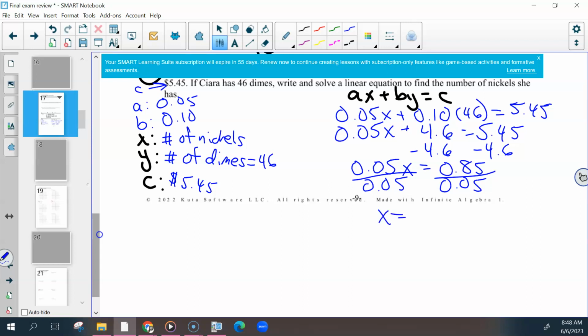And whatever that is should be our number of nickels. In these types of situations, if you get a decimal, something's off because we can't have point whatever of a nickel or a dime.